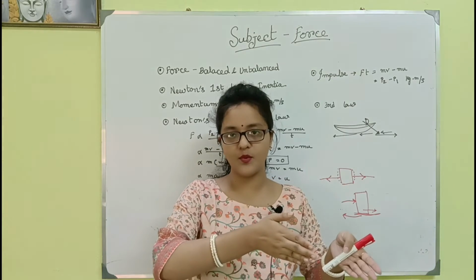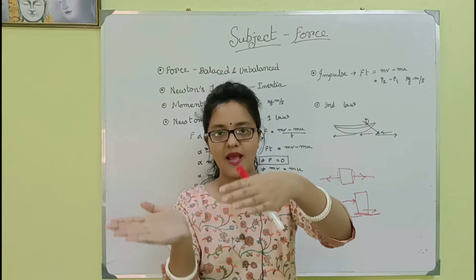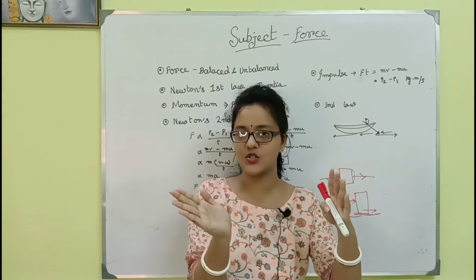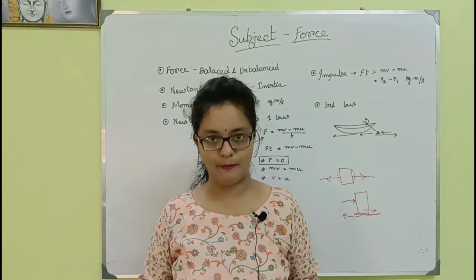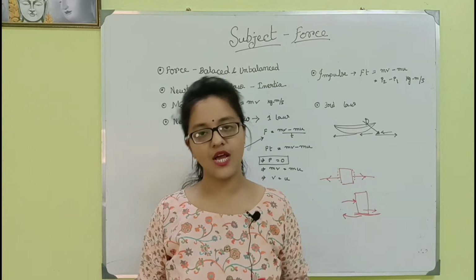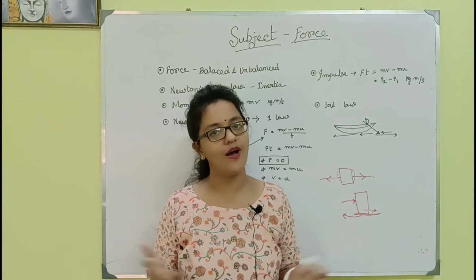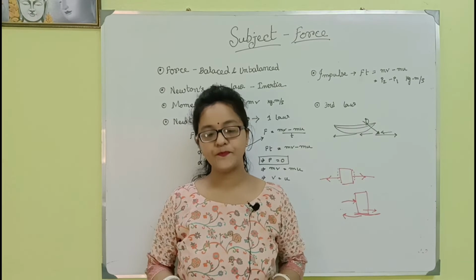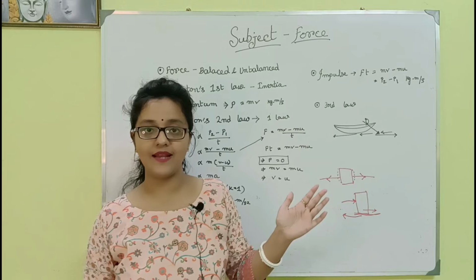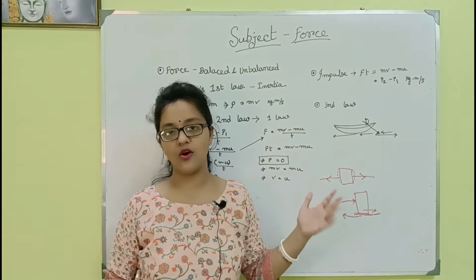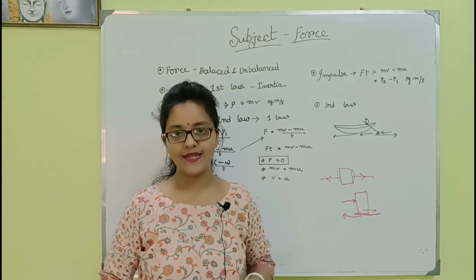Suppose the bus moves in this direction, the passengers go in the opposite direction, away from the center of the curved path. So this is a type of inertia we can also notice in our day-to-day life. These are the main applications of Newton's first law.